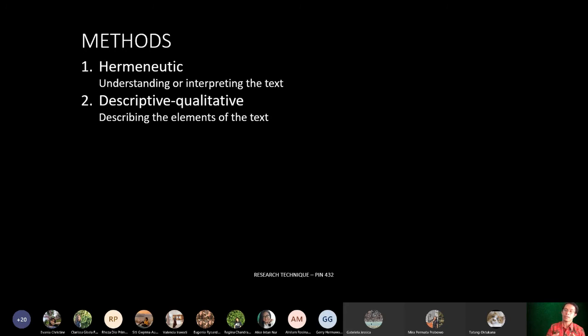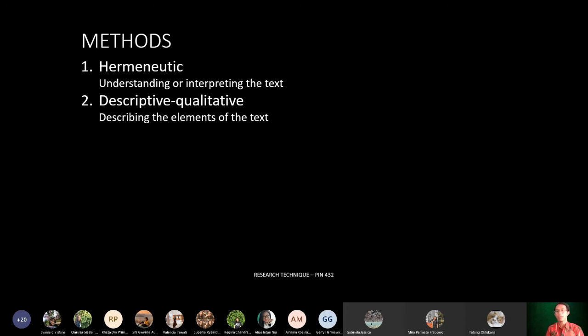And this is also called qualitative because the data that you get from the text is natural data, non-numerical. And this qualitative data that you get from the text includes, for example, sentences, or words, or even passages, several pages at the same time.